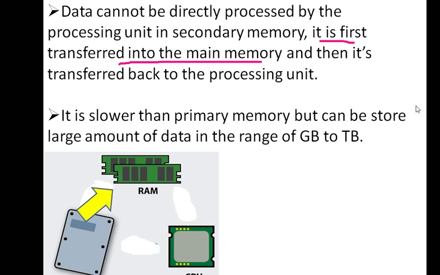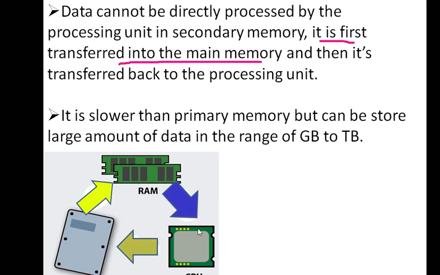See here, in this way, and then it's transferred to the processing unit. The CPU will access the main memory, then the result is transferred back to the secondary device. In this way it will process your data.